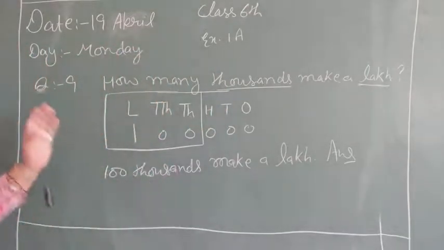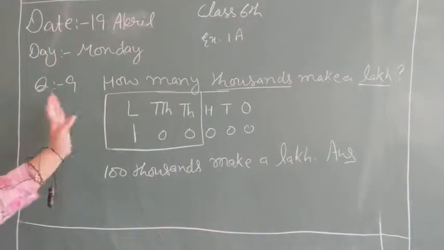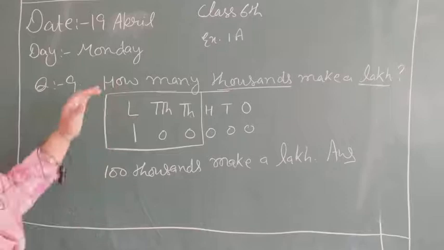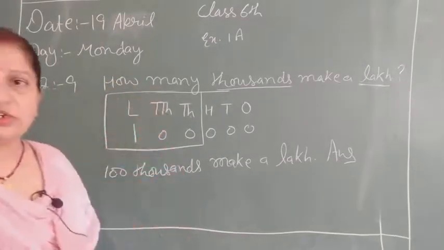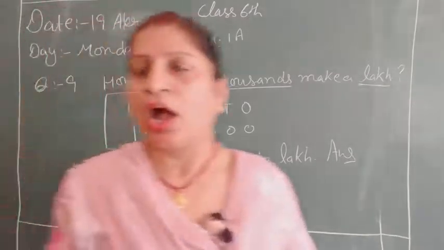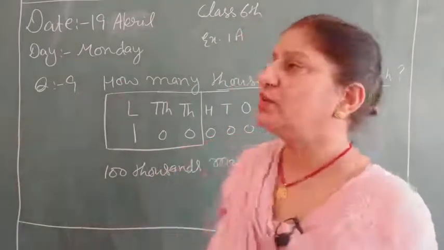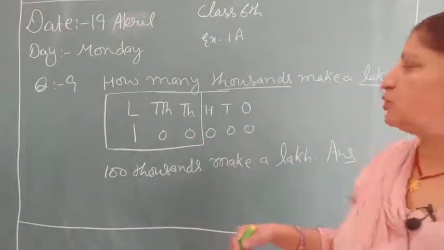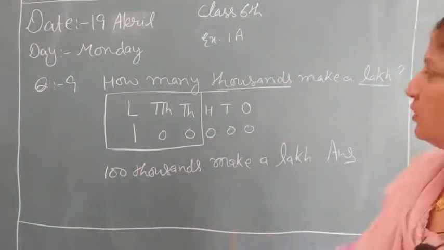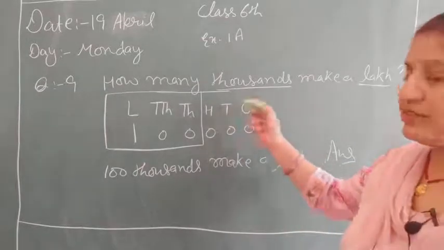Now in question number 10, this is also the same kind of question. How many 10,000s make a crore? In that question, we have to write the places.